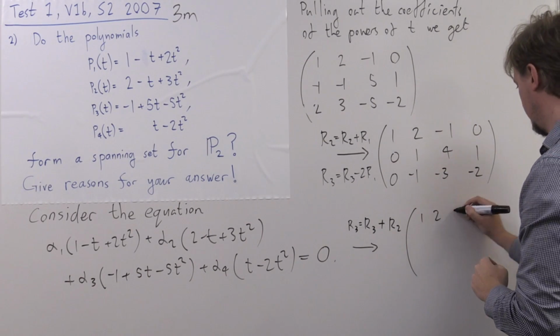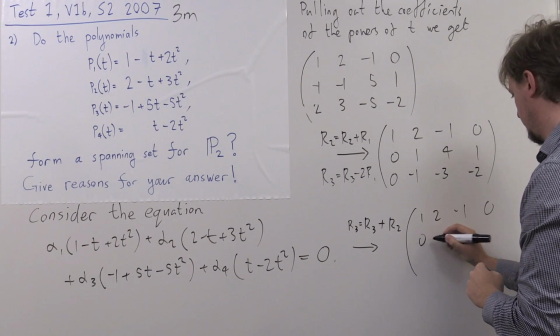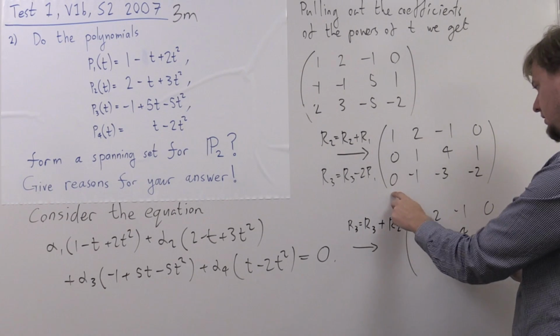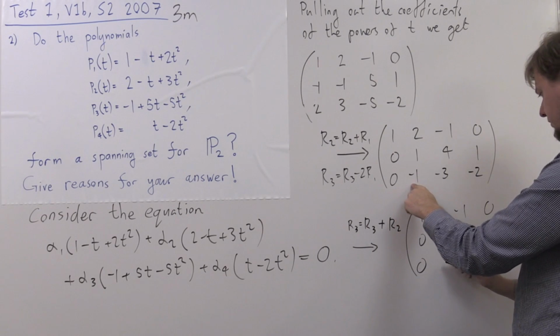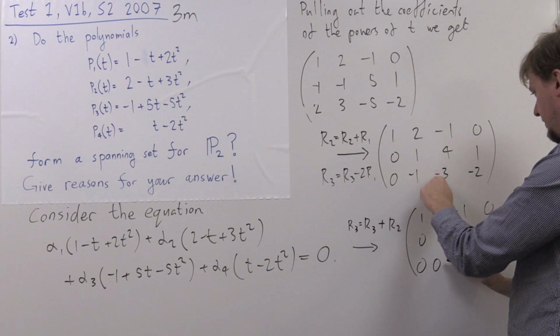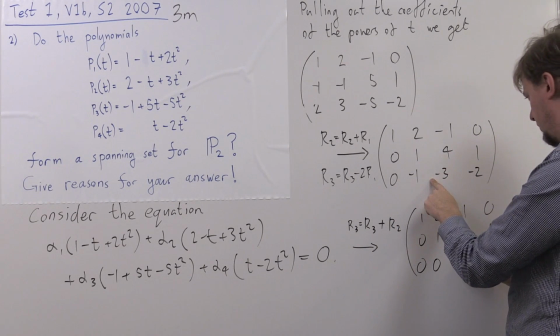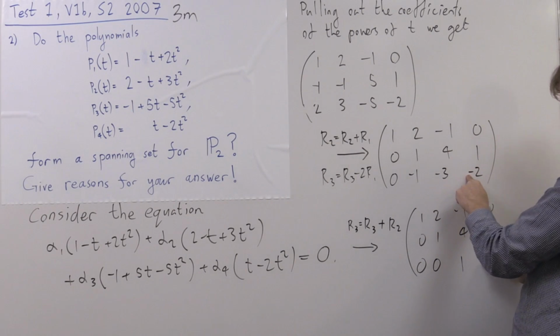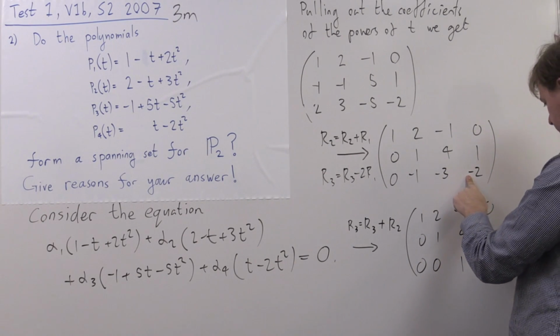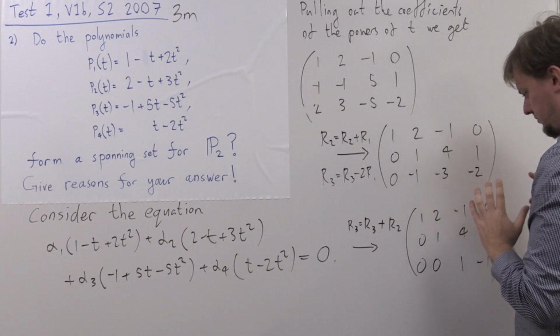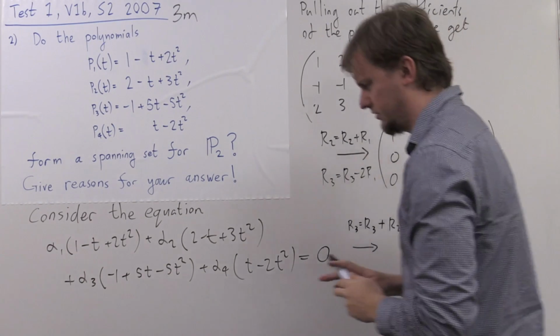These zeros combine to give 0, these sum up to 0, these sum up to 1, and these sum up to minus 1. Now looking at this, I have enough information to answer the question.